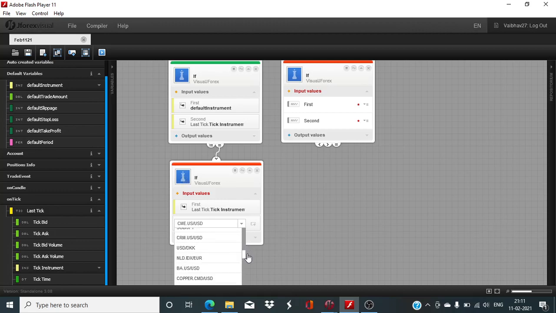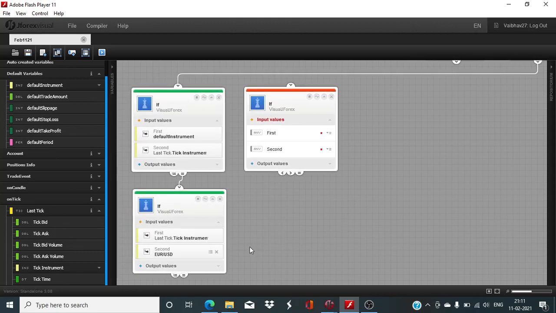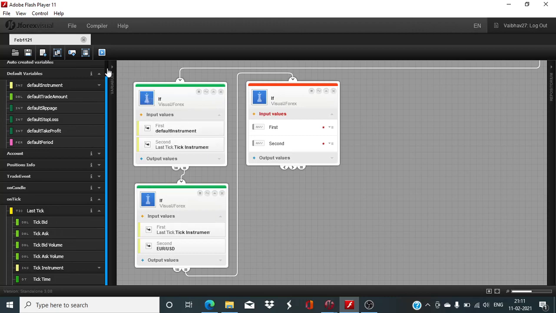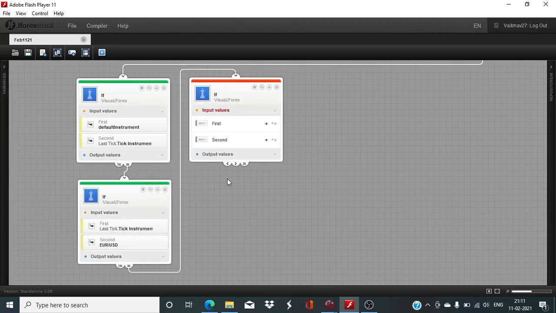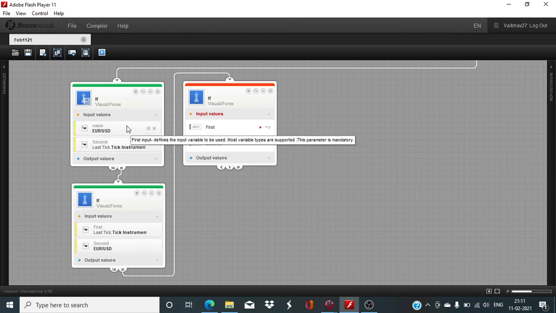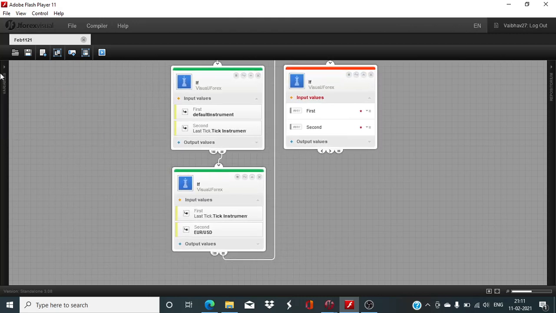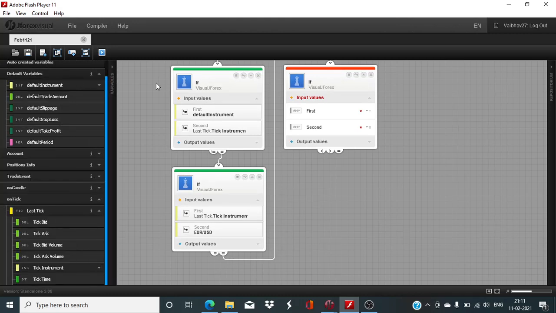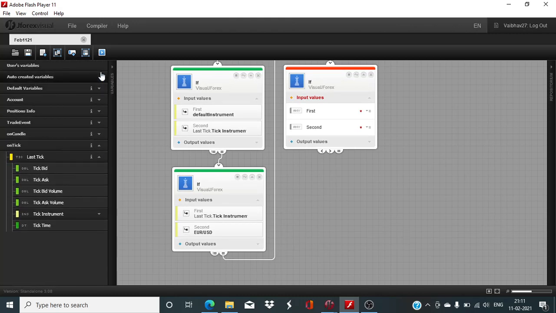Okay, I got this Euro USD. Euro USD is the default instrument, which should be equal to the last tick instrument, and then the tick instrument should be Euro USD. So this makes sure that trades are generated only on the desired instrument, not on other pairs.